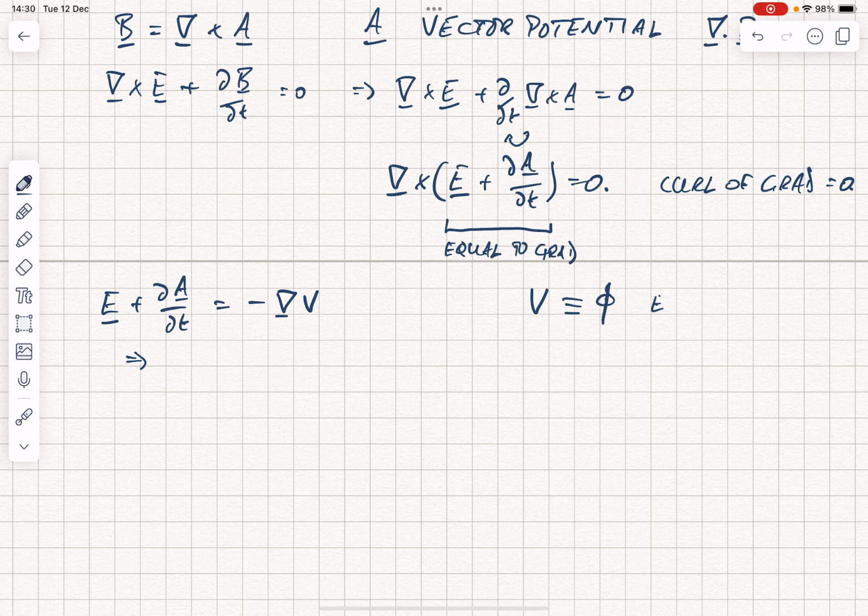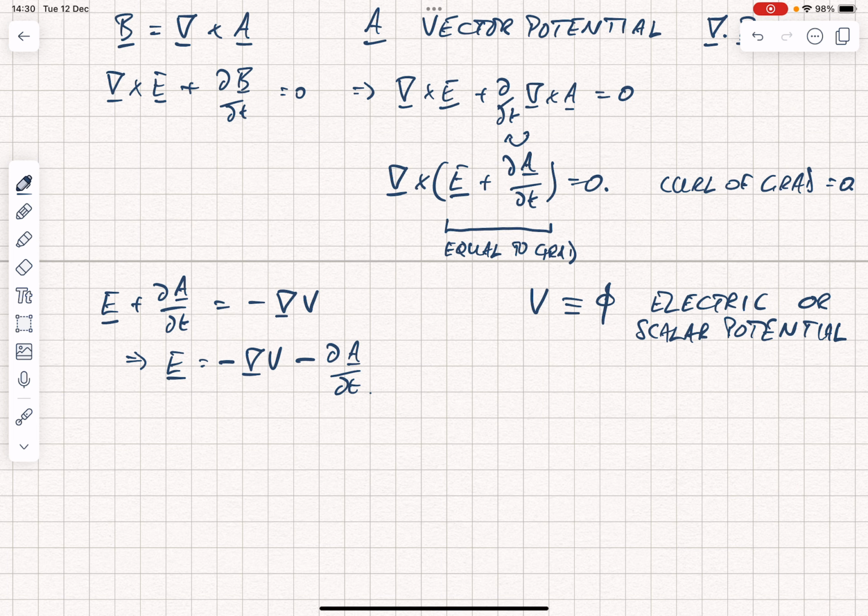I'm just going to write this is the electric or scalar potential. So we can finally write that E is equal to minus the gradient of V minus dA by dt.